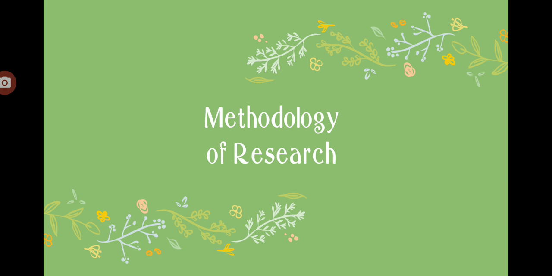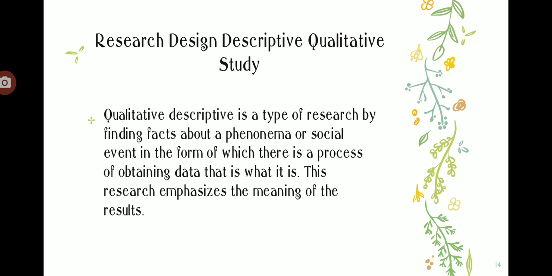And we come to the methodology of the research. The research design that I use is a descriptive qualitative study. A descriptive qualitative study is a type of research that finds facts about a phenomenon or social event, in which there is a process of obtaining data. This research emphasizes the meaning of the result.